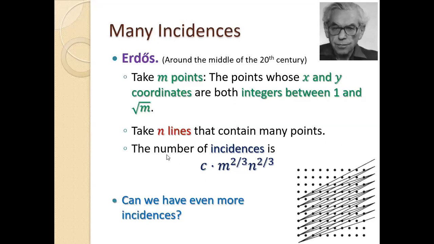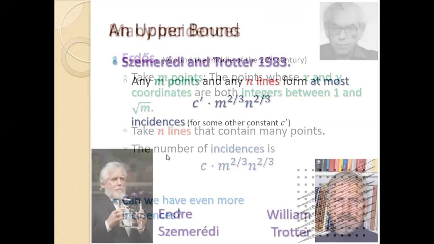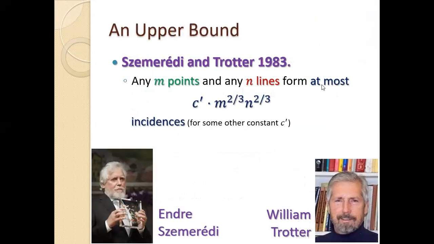So it turned out that you cannot really do better up to a constant. A while later, in 1983, Szemerédi and Trotter, two mathematicians, proved that whenever you have m points and n lines, doesn't matter how you put them, the number of incidences is at most the number of points to the 2/3, number of lines to the 2/3, times some small constant, not the same constant.